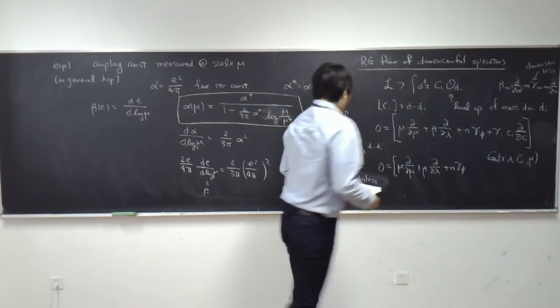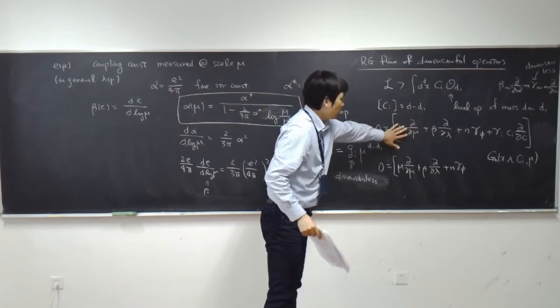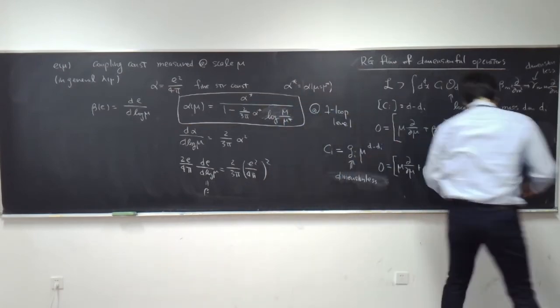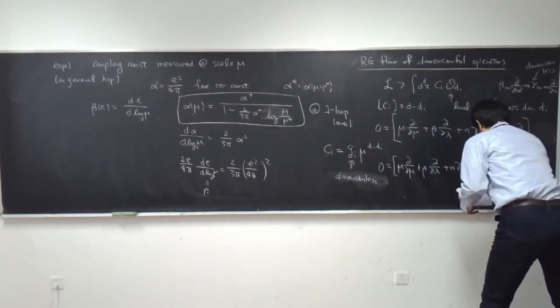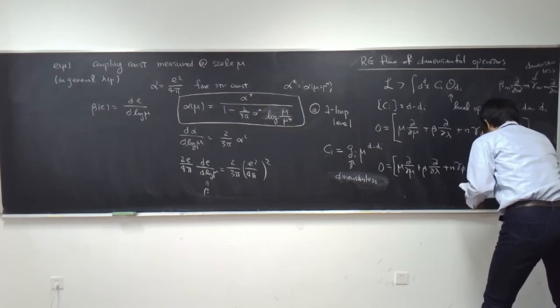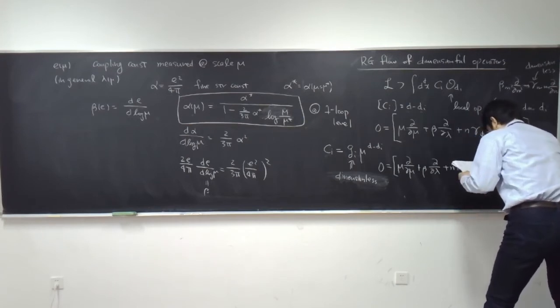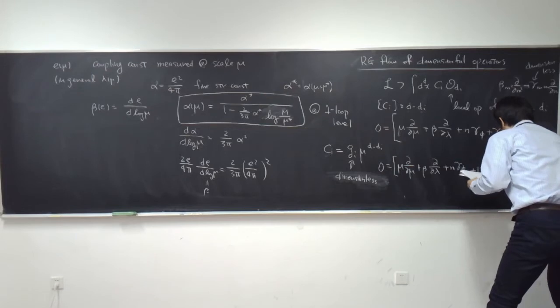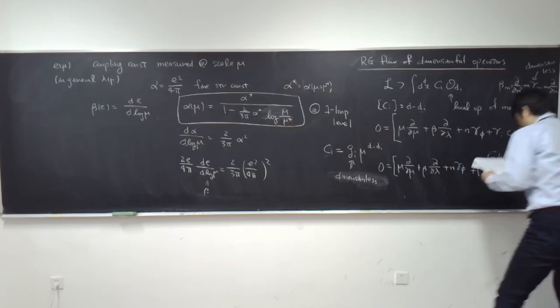But now the effect of d minus di acting on mu has to cancel here. That would be just the opposite, d plus di.